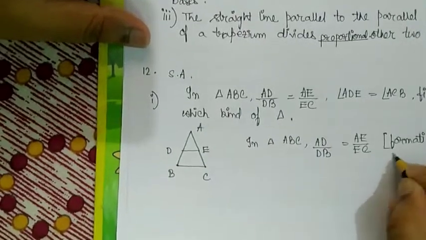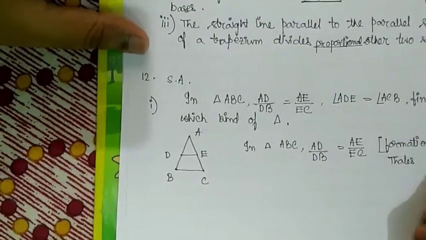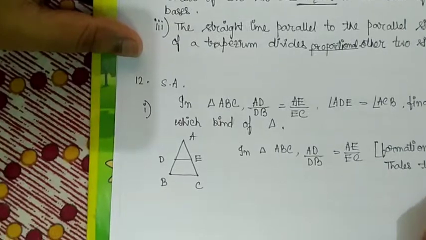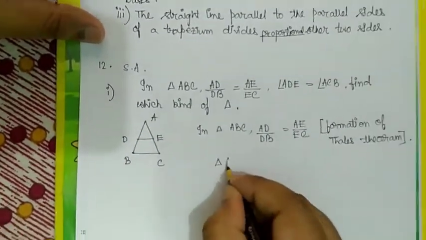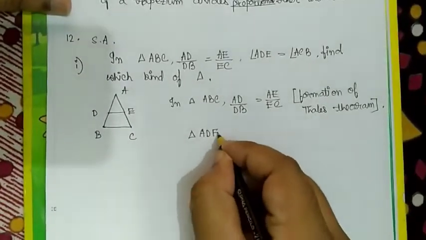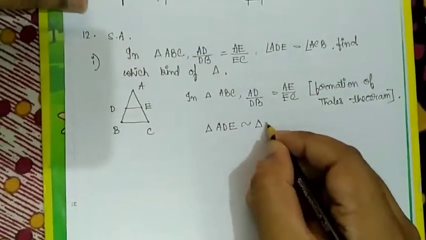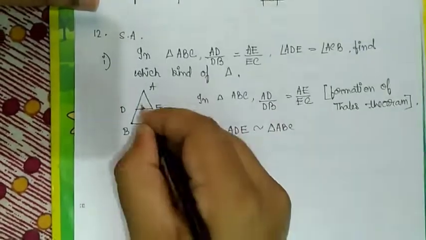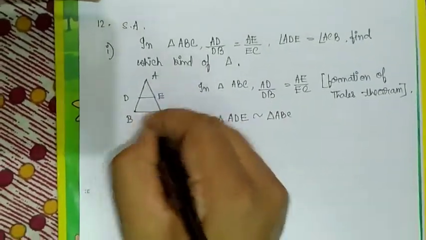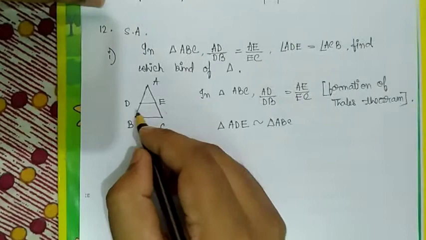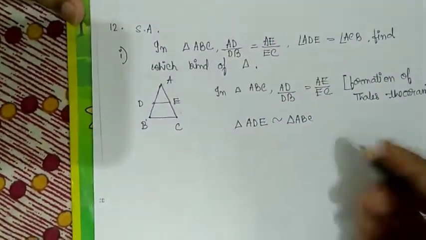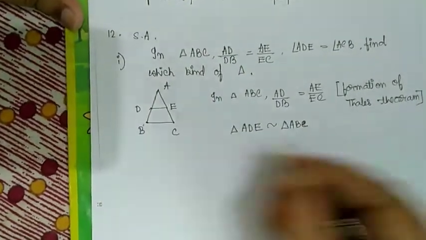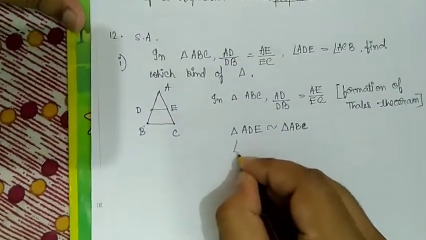Since this is the formation of Thales theorem, we can say that triangle ADE is similar to triangle ABC. These two triangles ADE and ABC are similar, therefore we can say that these two angles are equal.